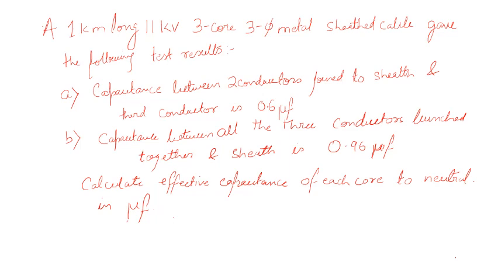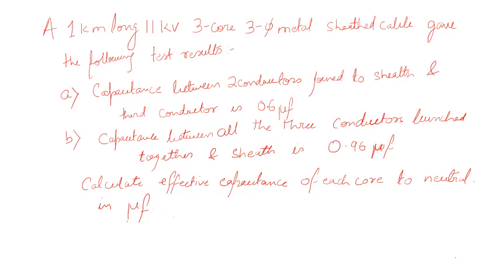On the basis of that there is one numerical, and here you can see a 1 kilometer long, 11 kV, 3 core, 3 phase metal sheath cable that gave the following test results. The capacitance between two conductors joined to the sheath and the third conductor is 0.61.